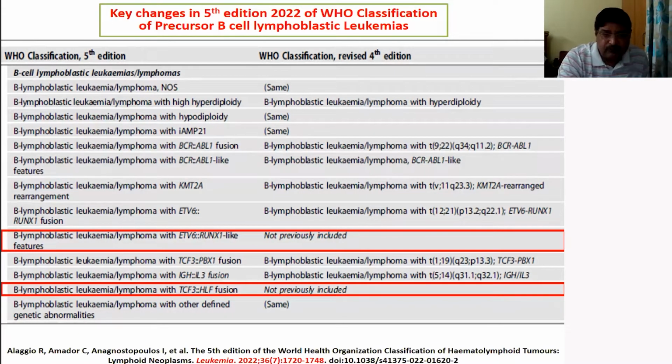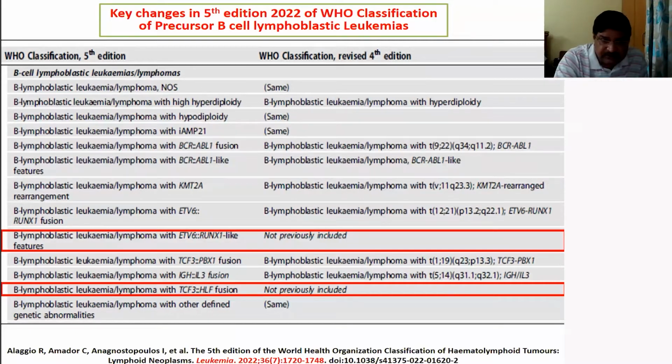You have the same with high hyperdiploidy, with hypodiploidy, interstitial amplification of chromosome 21 or iAMP, ALL with BCR-ABL1 fusion, ALL with BCR-ABL1-like features, the KMT2A rearranged ALLs, and the ALLs with ETV6-RUNX1 fusion. These entities exist in the new classification as well.